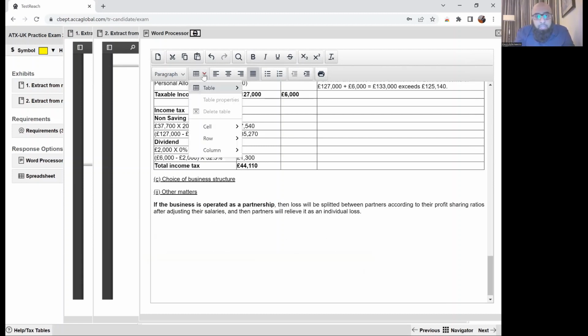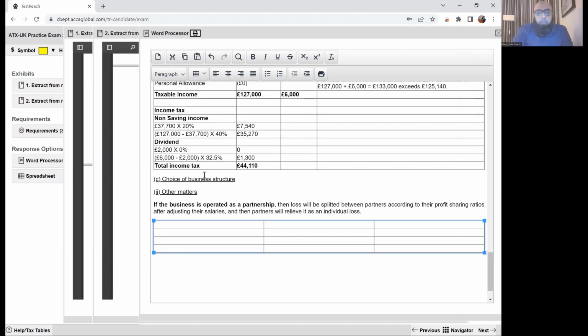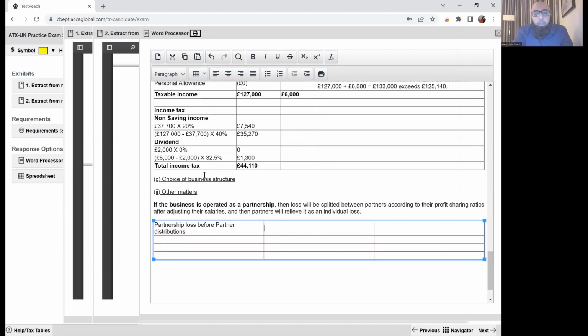Let me add a table here. Partnership loss before partner distributions. So the partnership loss before the partner distributions, as given in the question, is 20,000.